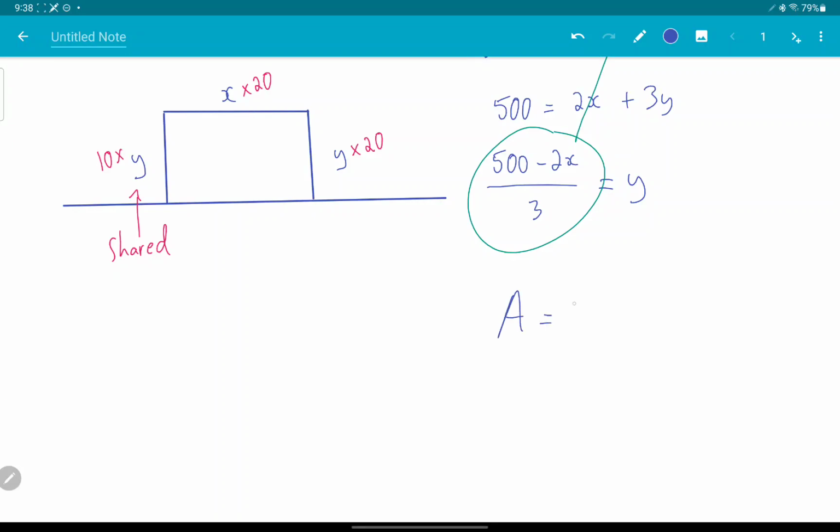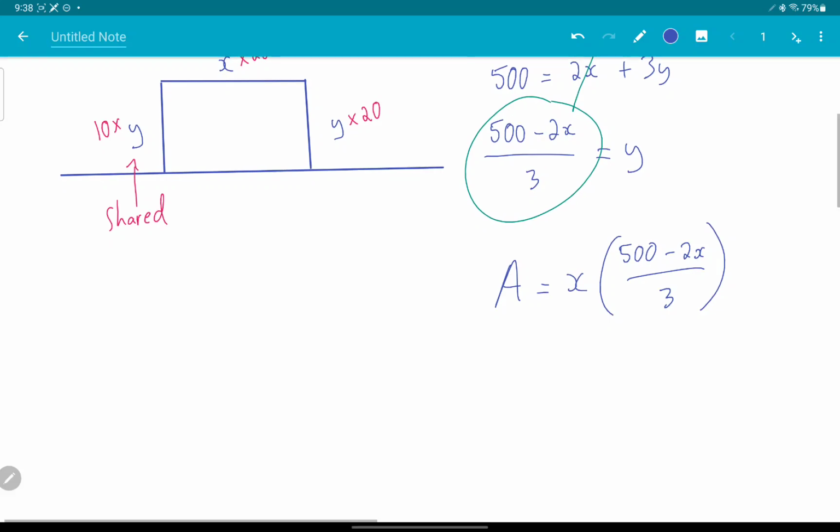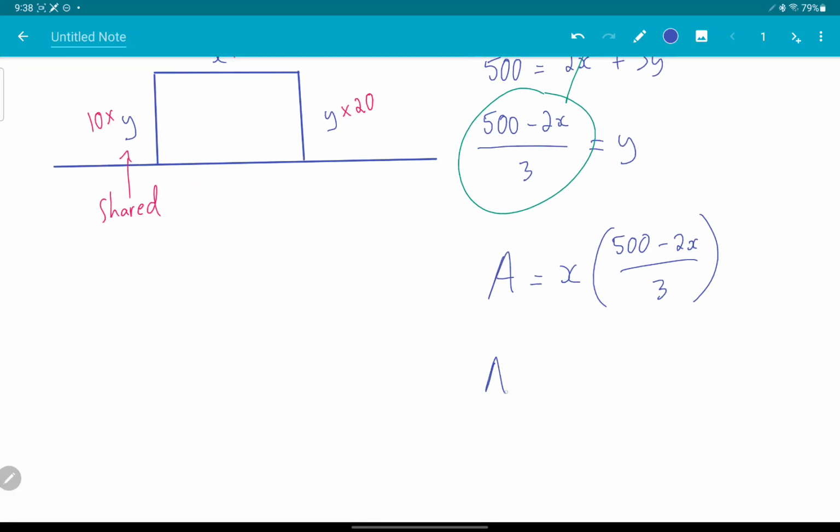So area is x times this fraction. I'll multiply that x in. Take the third out, put the x in, just to make it a bit easier to do my derivative.